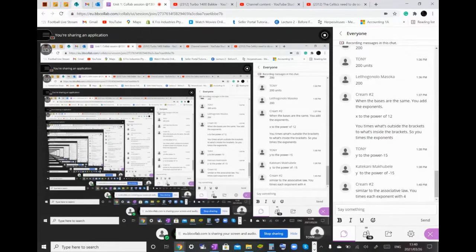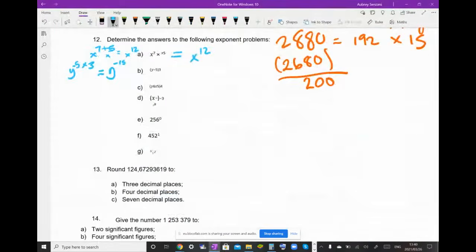Yes, thank you, Cream. You have to times each component by 4. So then it's going to be y, and 4 times 6 gives you 24, and then z, 4 times 5 gives you 20. That's going to be your new answer.